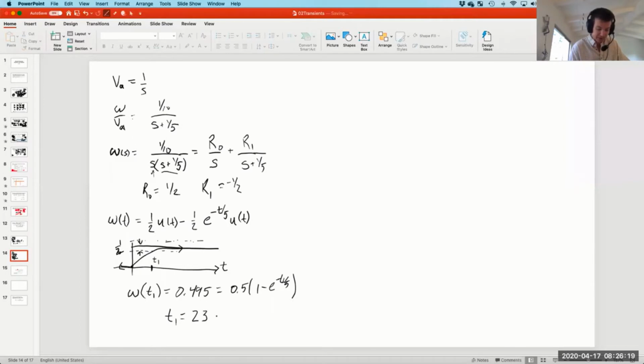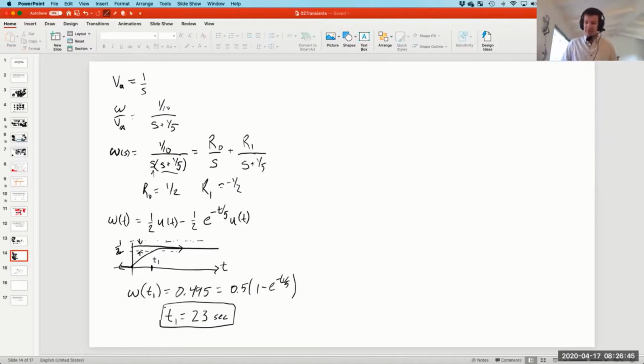This is about 23 seconds. So it takes this system 23 seconds to settle to within 1% of its steady state value. That's what we just found out. And we did that the quote unquote old way, right? Going to the time domain, solving for this time, not using any of our new shortcuts.